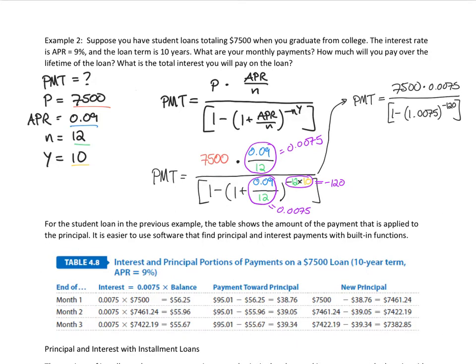So here we have these simplifications, and for this particular formula, you can figure out the top all by itself and the bottom separately. When you multiply 7,500 times 0.0075, you'll get 56.25. And when you simplify everything in the bottom, you will absolutely want to figure out this piece first and then take it away from 1.